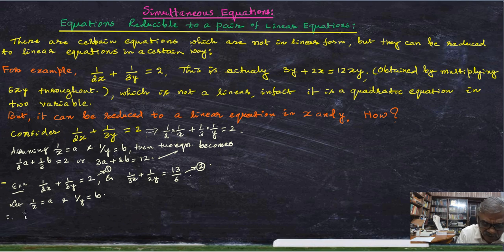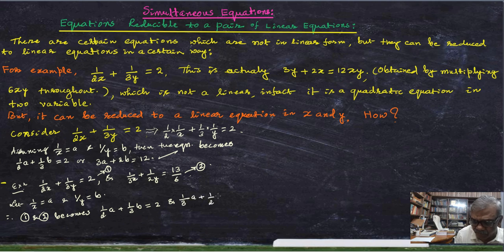Therefore, 1 and 2 become 1 by 2a plus 1 by 3b is equal to 2, and 1 by 3a plus 1 by 2b equal to 13 by 6.